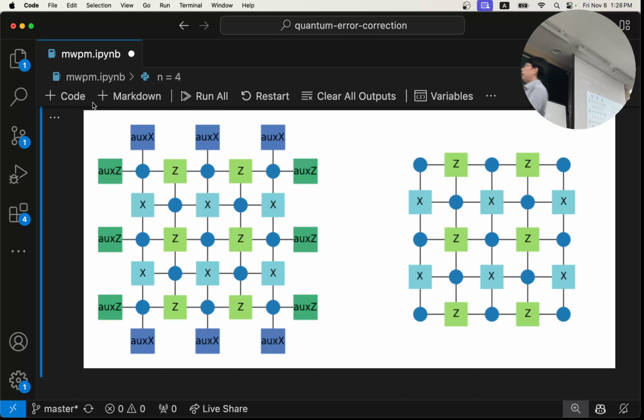For every data qubit, think about concentrating on one data qubit. Let's say concentrate on here. As I said, there's a big circuit going on, but just locally look at the qubits that are connected to this data qubit only.